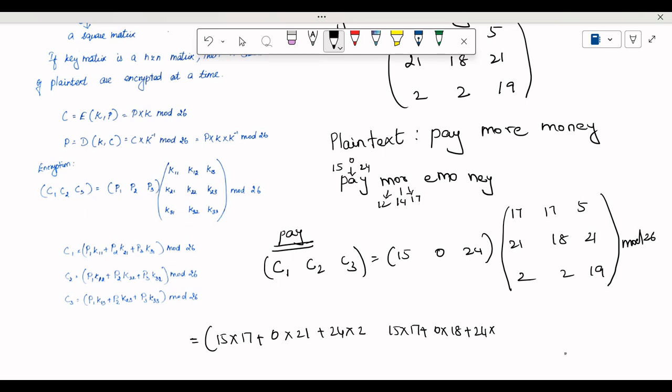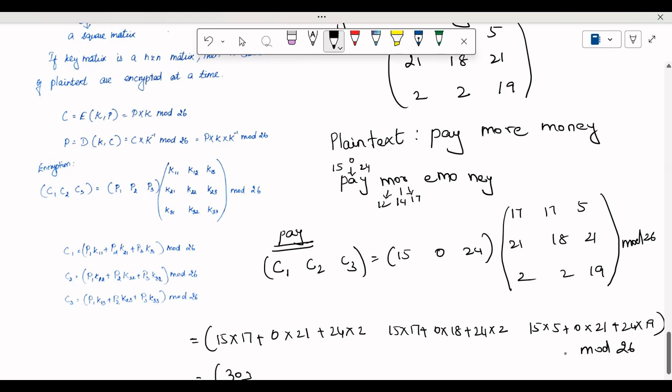24 cross 2. And next is 15 cross 5 plus 0 cross 21 plus 24 multiplied by 19 mod 26. So this is equivalent to 303.